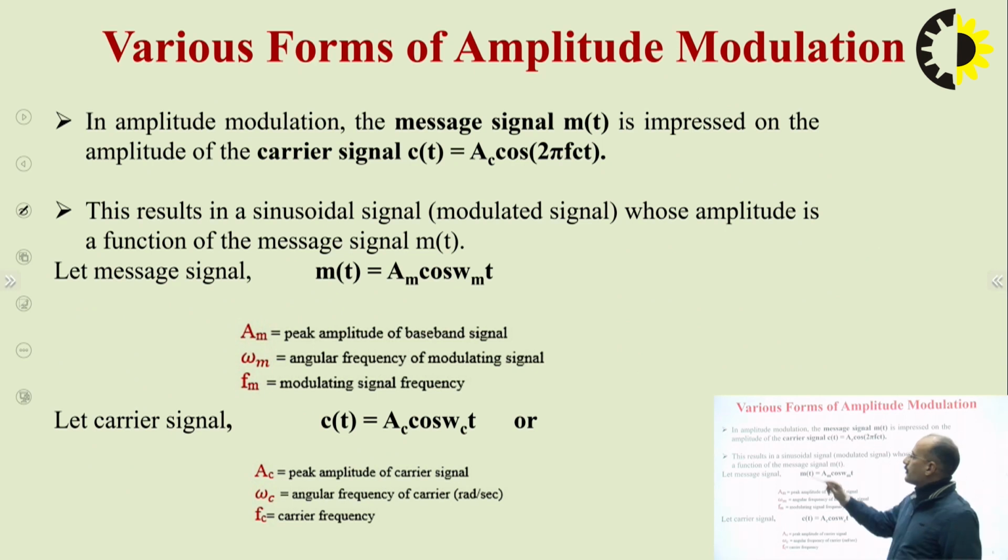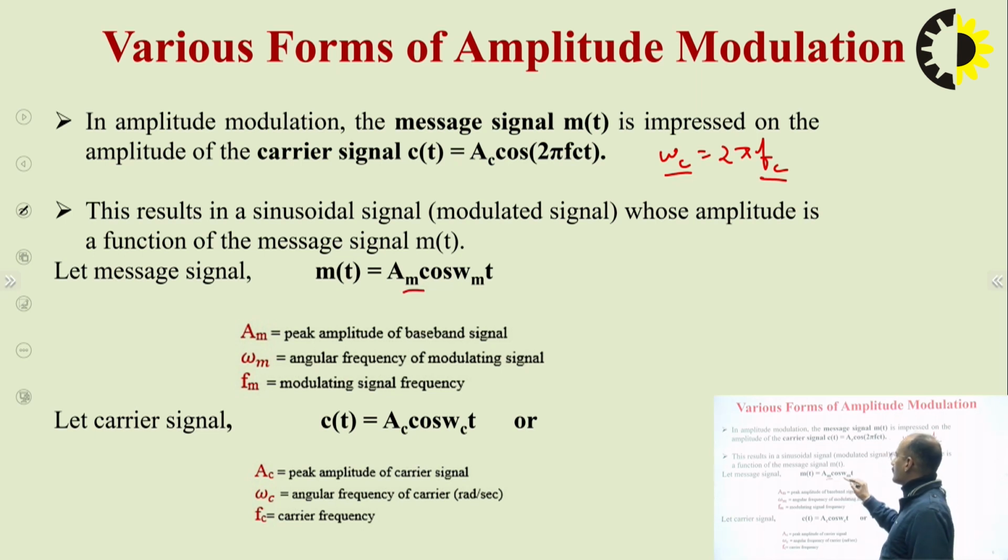First of all, take a carrier signal, c(t) = Ac cos(2π fc t), where 2π fc = ωc, because fc is the frequency and ωc is the angular frequency. Similarly, for the message signal we are taking Am cos(ωm t), where ωm = 2π fm. These are the 2 signals.